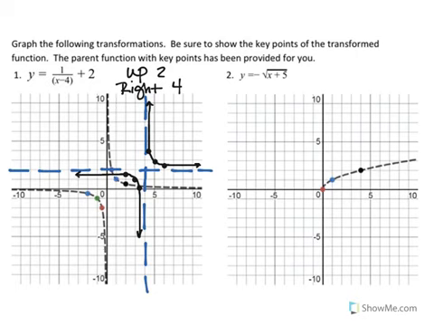On the next one, I would do a similar thing. This problem has a reflection, and it has a shift to the left 4, or excuse me, not 4, 5. Alright, so the first thing I might do is shift my y-axis left 5.